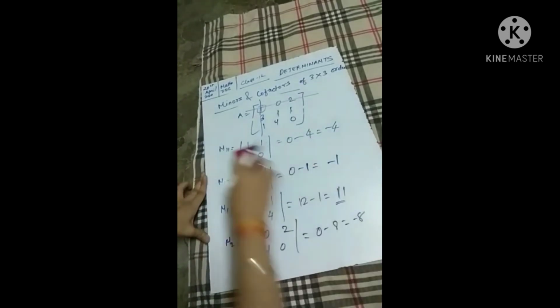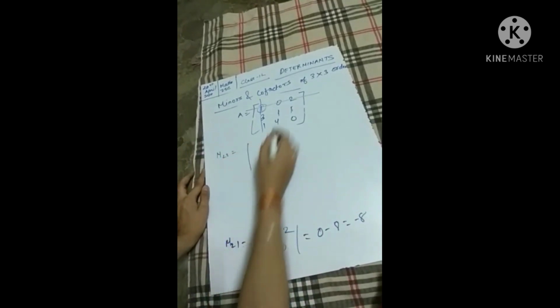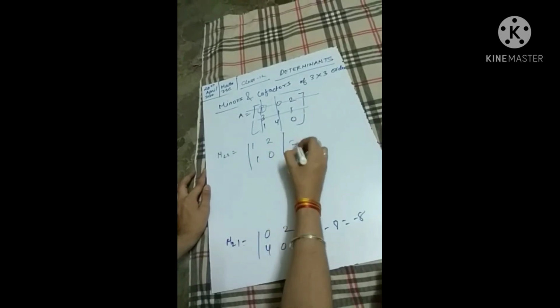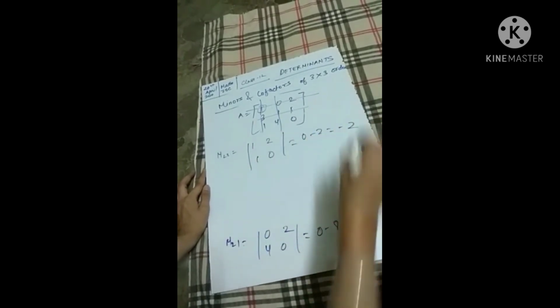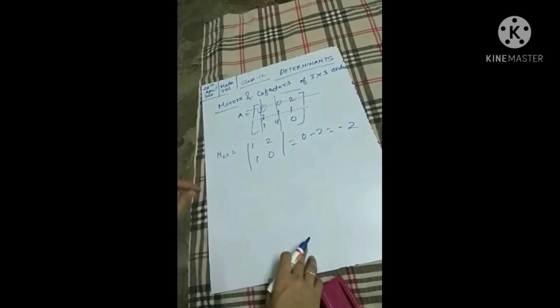Then similarly go for m22. So m22 again, skip this row, 1 2 1 2, 1 0 0 minus 2, minus 2. So hence like this you have to find the minor of each and every element.